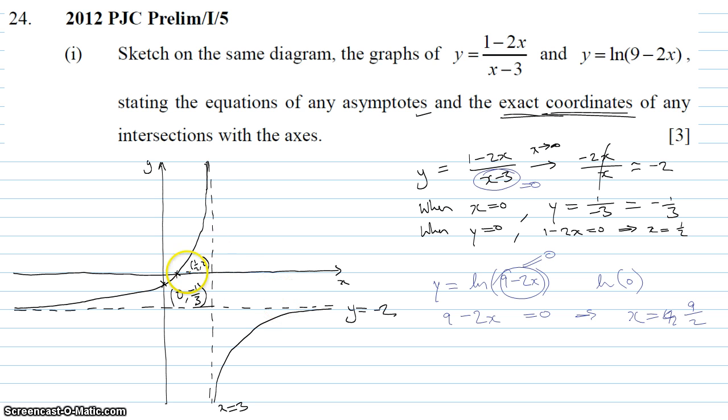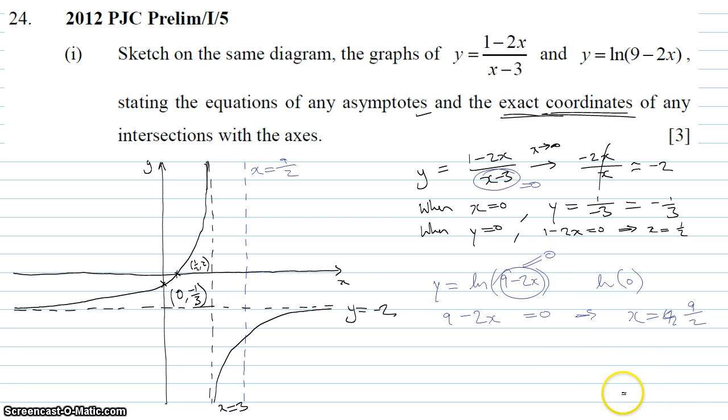So at 9 over 2 there is a vertical asymptote. This is x equals 9 upon 2. There is no horizontal asymptote, and this is very important for a ln graph.